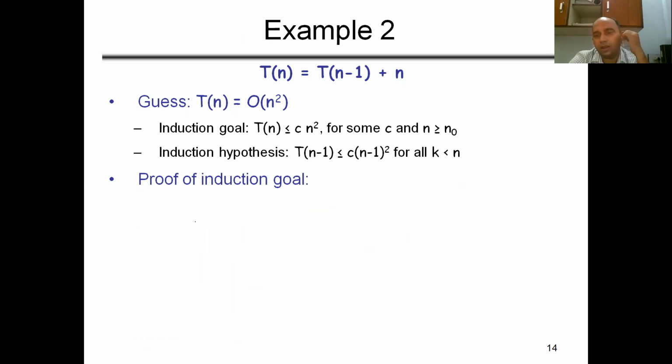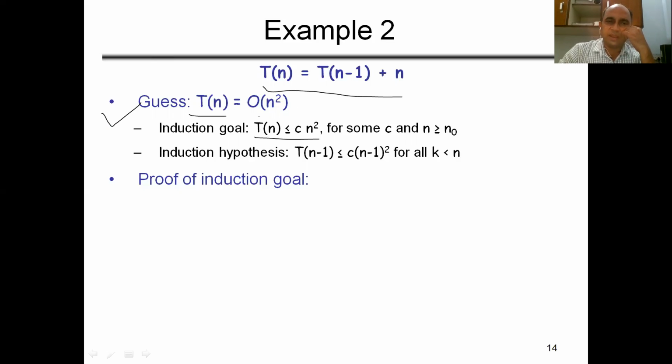We'll take another example, that is T(n) is equal to T(n minus 1) plus n. That is the recurrence relation representing the worst case of quicksort. Let us assume that the solution is T(n) is equal to big O of n square. Now our goal is to prove that f(n) is less than or equal to c g(n).